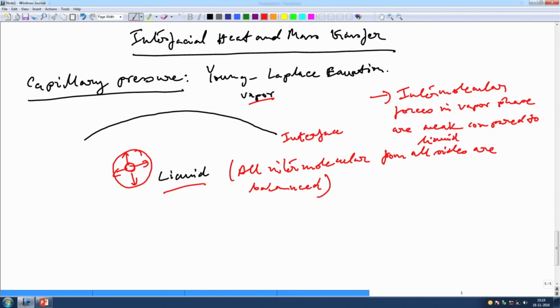So, what happens to a molecule which is close to the surface like this?